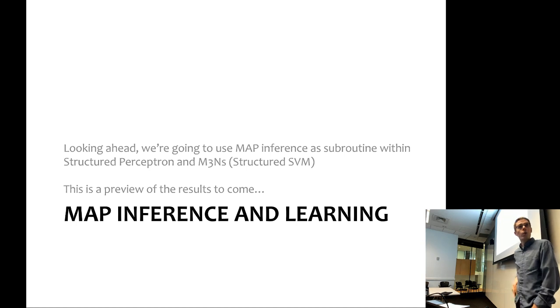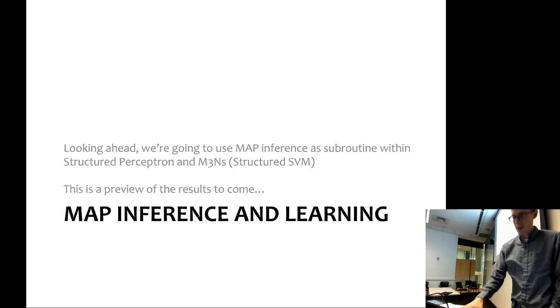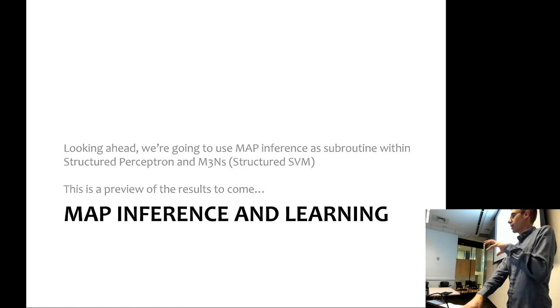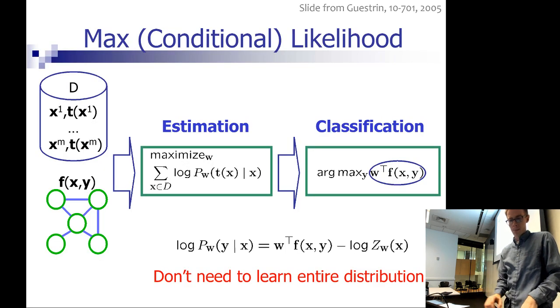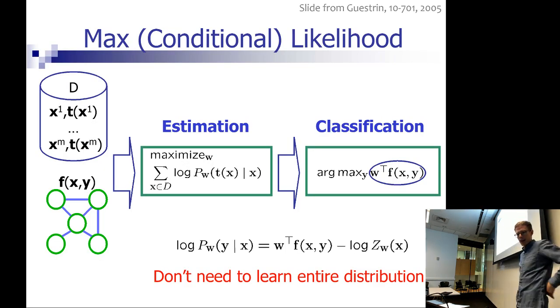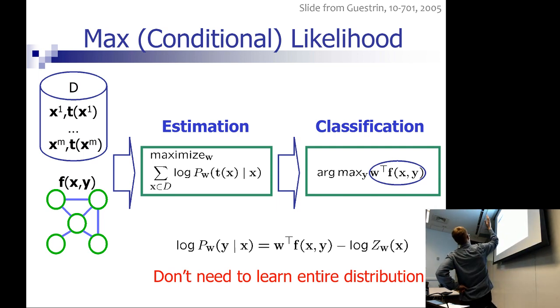Looking ahead, we're going to use MAP inference as a subroutine within two learning algorithms, structured perceptron and structured SVM. The way we had been doing learning up until now was maximum conditional likelihood estimation, where we want to choose the parameters that maximize the log likelihood of the data.